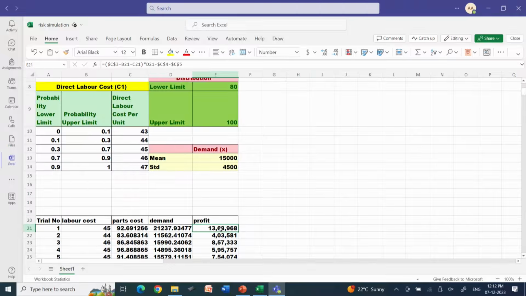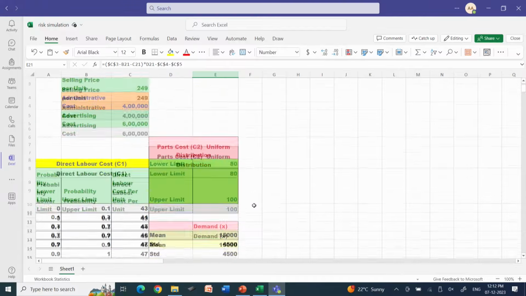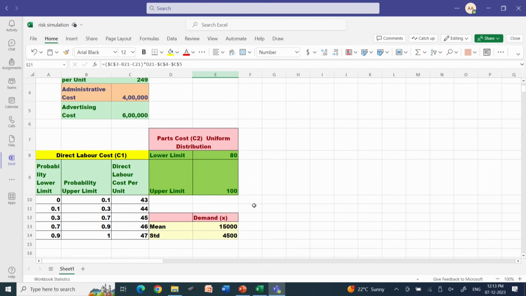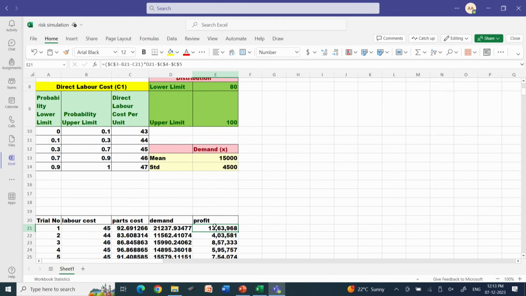Now, I am going to use the profit function to find the probability. You remember, in my presentation I showed the profit function. The selling price is in C3, that is $249, minus labor cost that is in B21, minus part cost that is in C21, then I have to multiply by demand, D21.